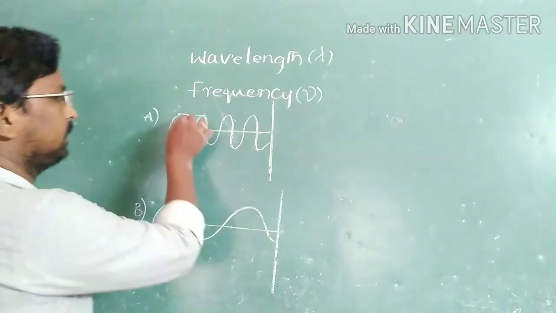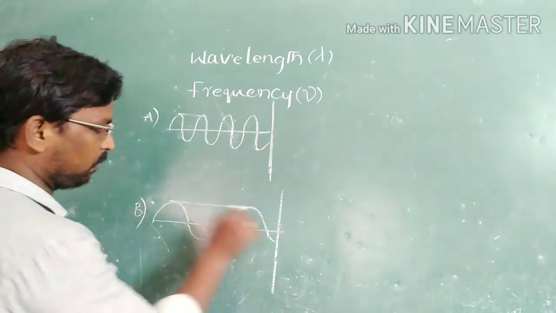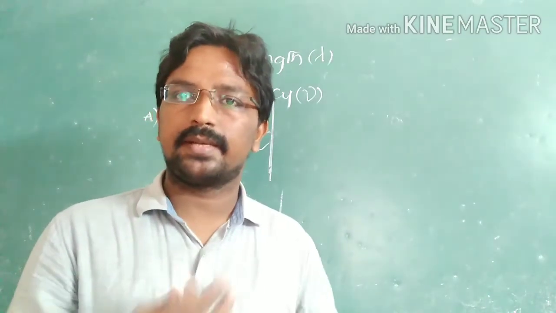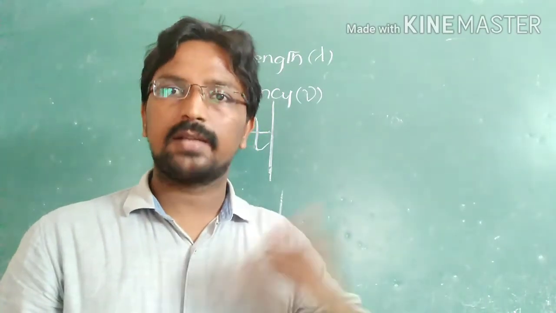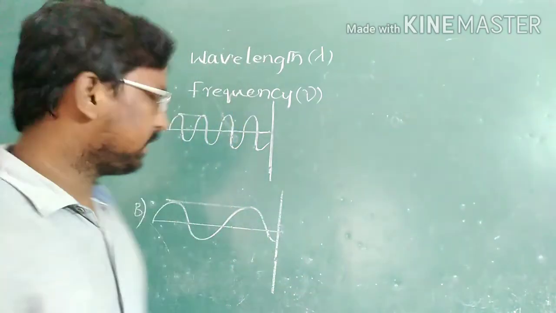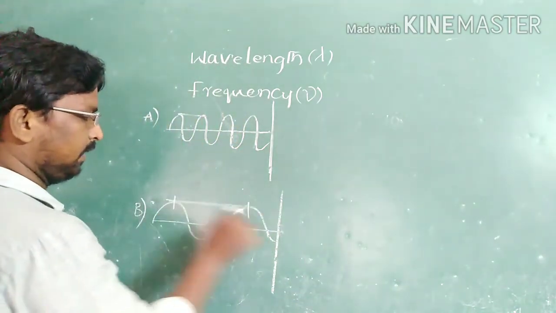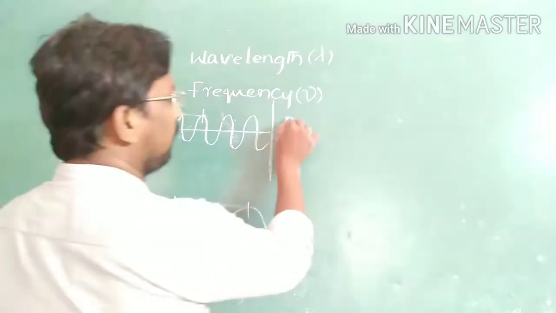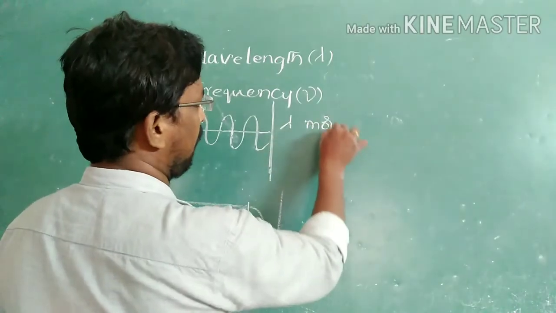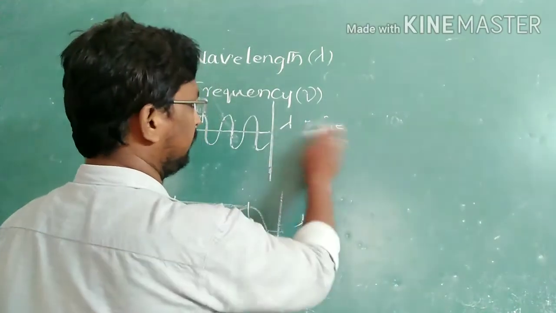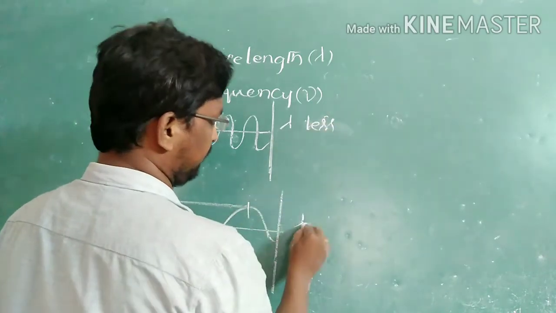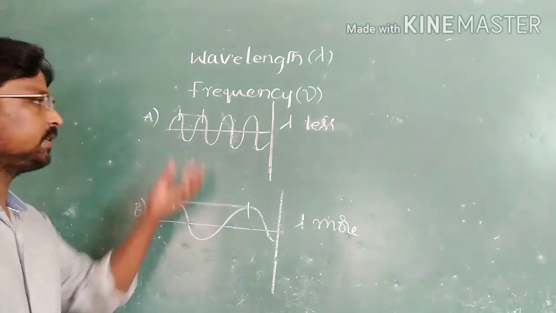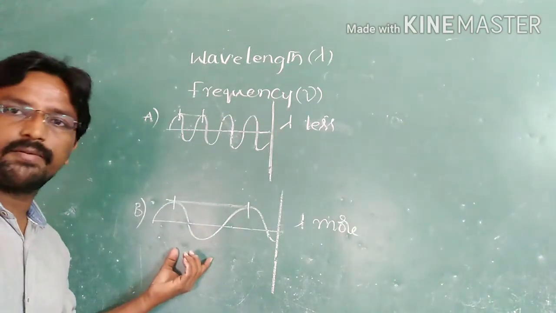One has a short wavelength and the other has a longer wavelength. We already discussed that wavelength is the distance between two successive crests or two successive troughs, right? So here the wavelength is more, here it is less, and here it is more. So one contains a shorter wavelength and the other a longer wavelength.